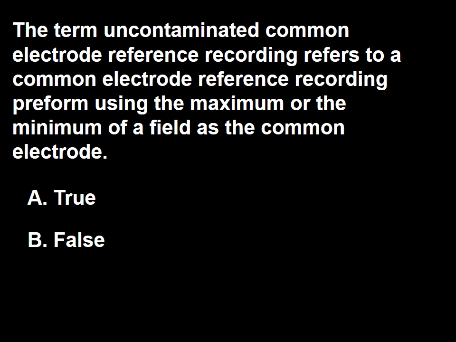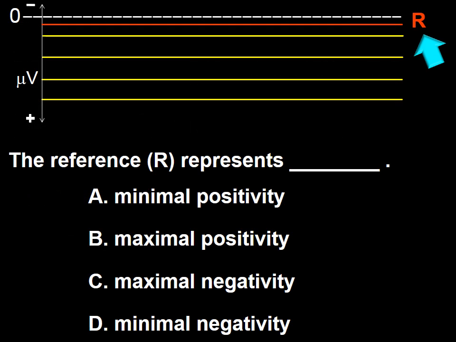So the answer to this question is true. Next question. In this voltage graph, the reference represents A, the minimum positivity, B, maximal positivity, C, maximal negativity, D, minimal negativity.